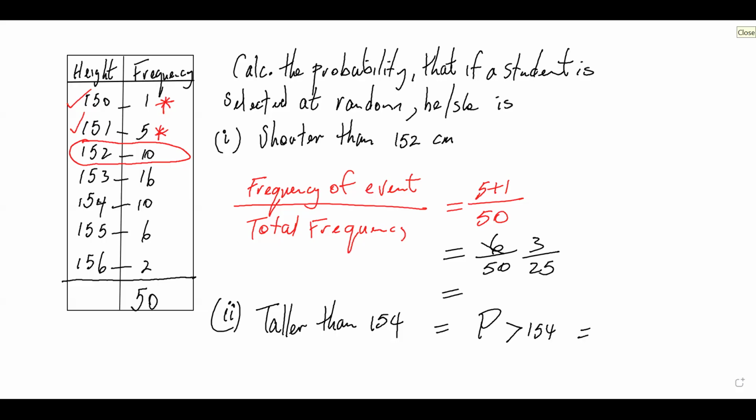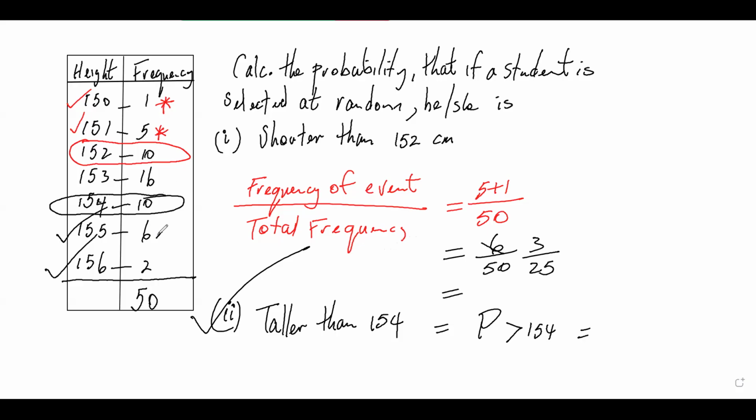We are looking at the probability of a person chosen at random that is taller than 154. So if you go to 154, taller than it will be 155 and 156. So you have to look at the frequencies.